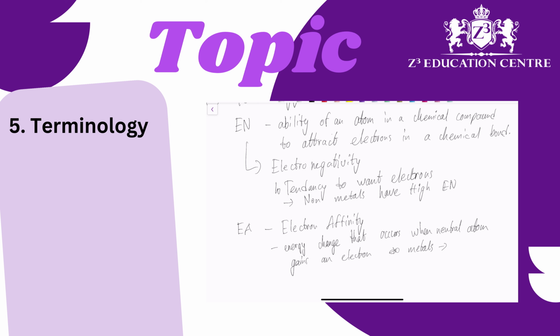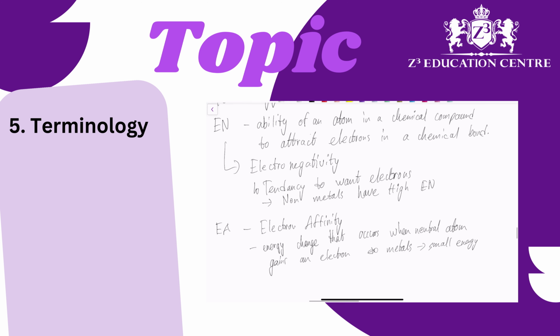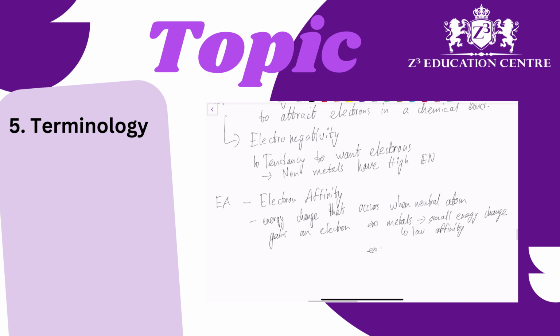With metals, there's a small energy change, and so we call that low affinity. Next, we have the example nonmetal. Nonmetals have a high energy change, or a large energy change, and we call them high affinity.